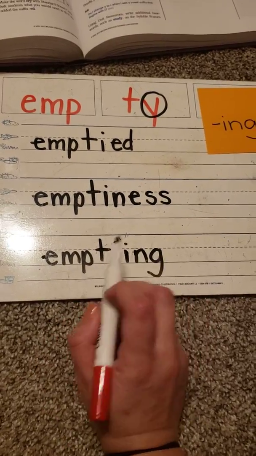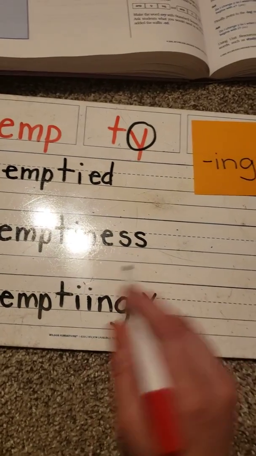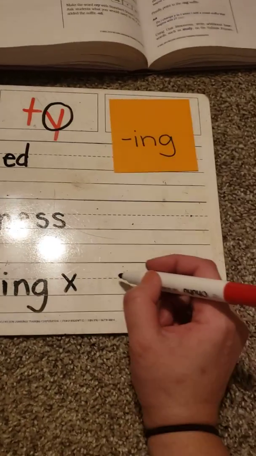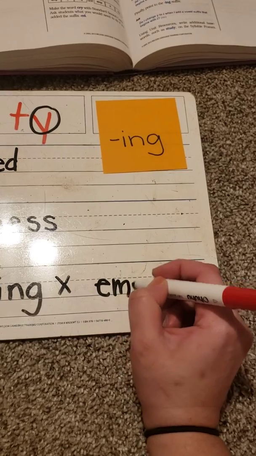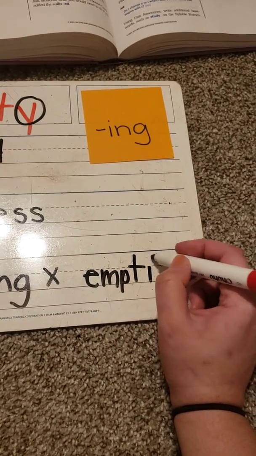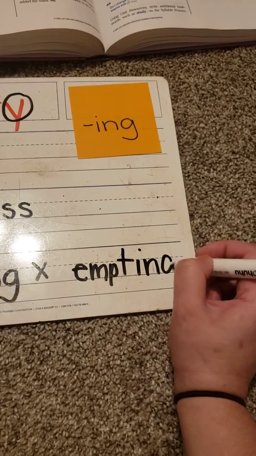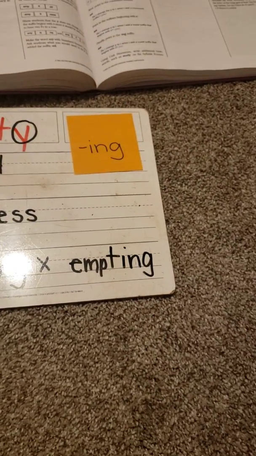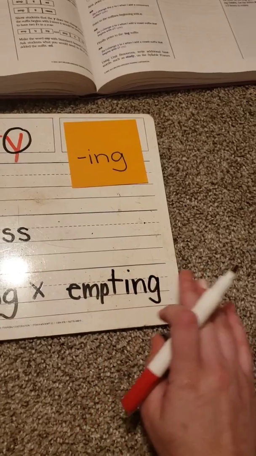We don't really do this in English. So instead, what you do is write EMPT, and the Y is still going to change into an I, but it's combined with the I in ING. So it's going to be emptying.